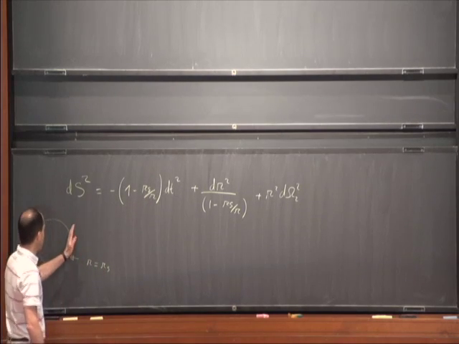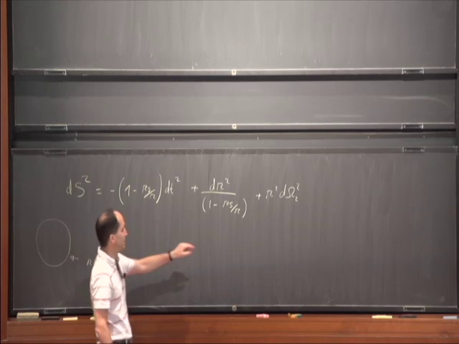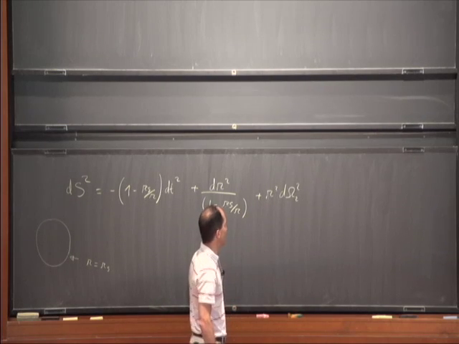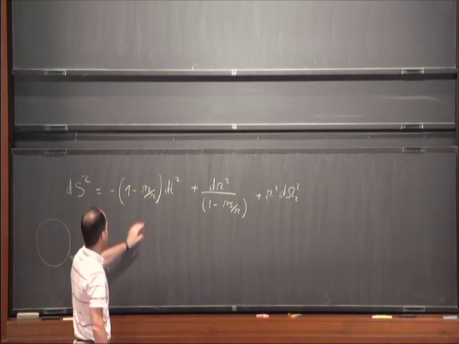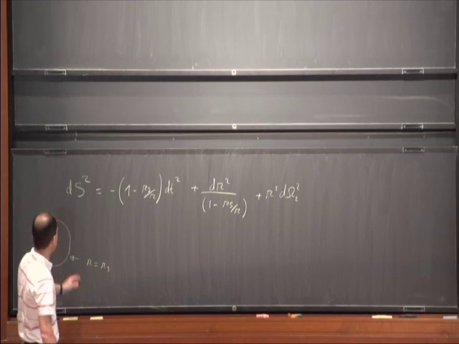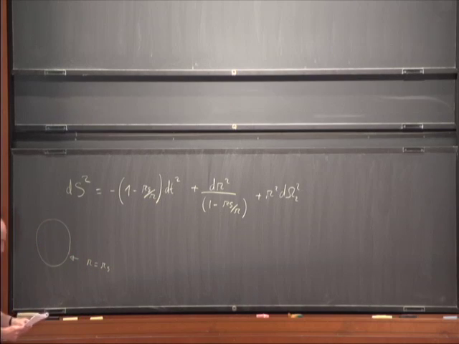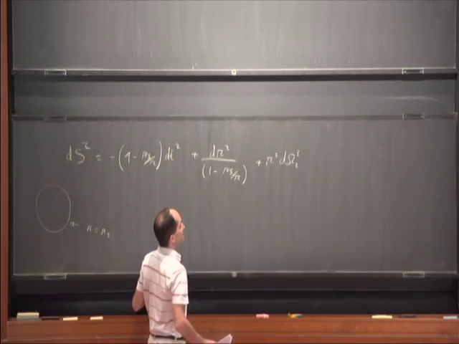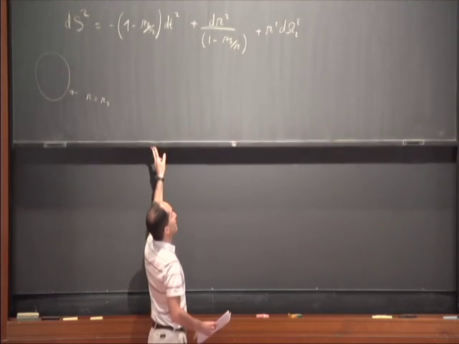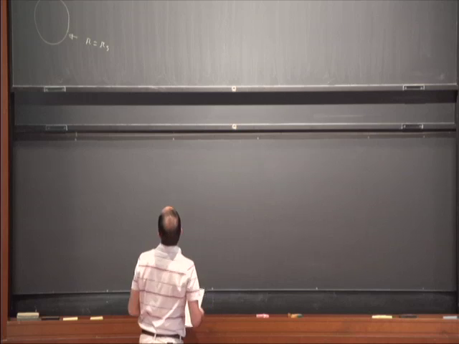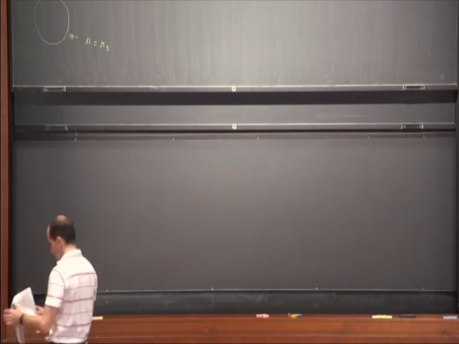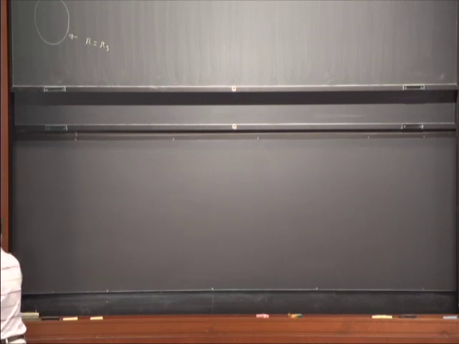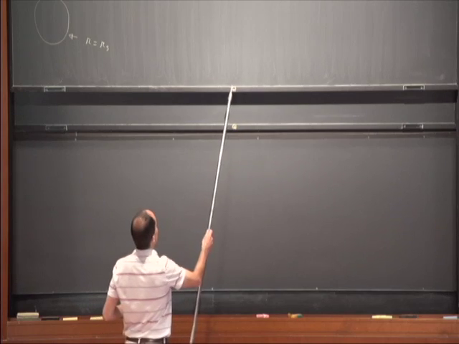The horizon has an area which is given by setting r equal to rs here. And this metric looks like it has a singularity at the horizon. However, this singularity is apparent, and once you make a coordinate change, well, maybe I can just continue writing it here.